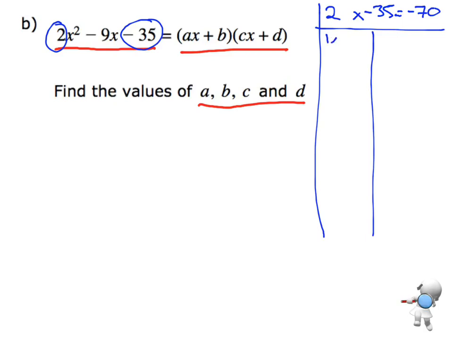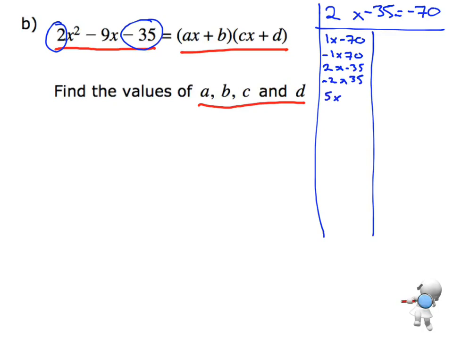So I could do 1 times negative 70. I could do negative 1 times positive 70. 2, I could do 2 times negative 35, or negative 2 times positive 35. I could then think about 3. Would 3 go? No, it wouldn't. What about 4? No. 5? Yes, 5.